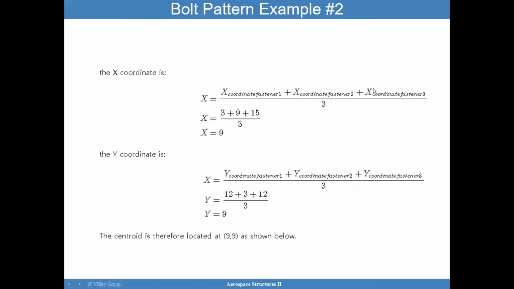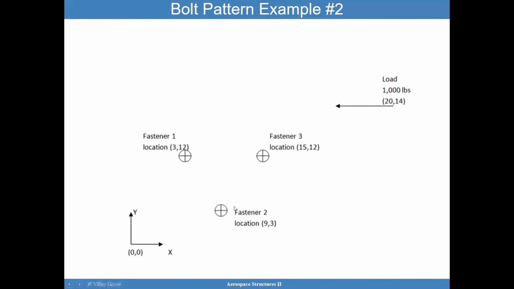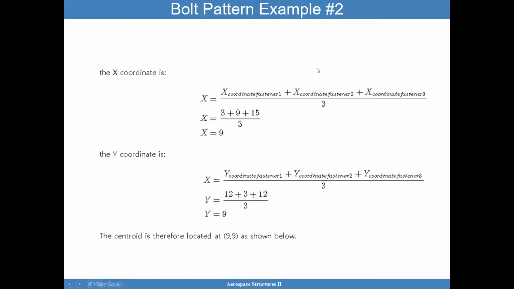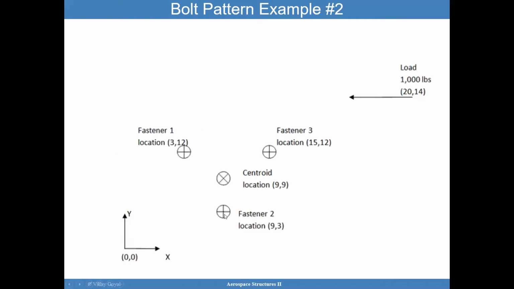Assuming each of these fasteners has the same cross-sectional area, this formula applies fairly directly without area being included. Going through these calculations, we find that X equals 9 and Y equals 9. So the location of the centroid is about here, 9, 9.